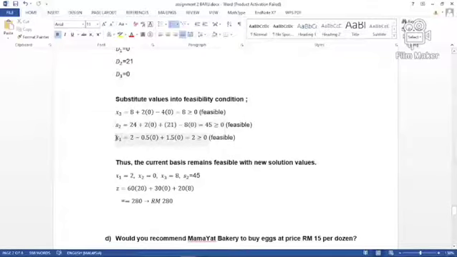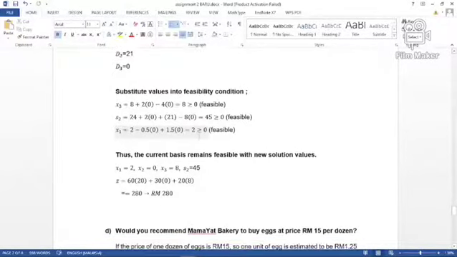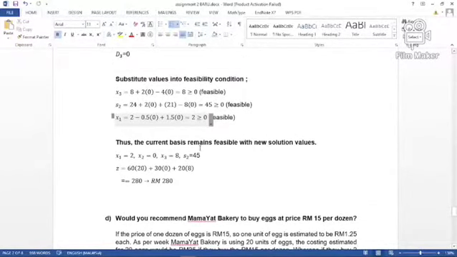And x1 for operation C is 2 minus 0.5 times 0 plus 1.5 times 0, which is equal to 2, which is also bigger than 0. That means operation C is also feasible. Thus, the current basis remains feasible with new solution values.